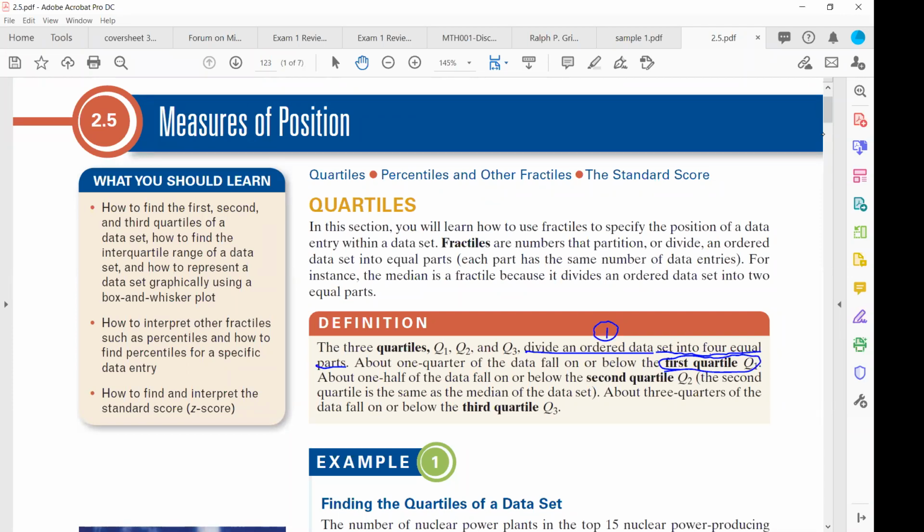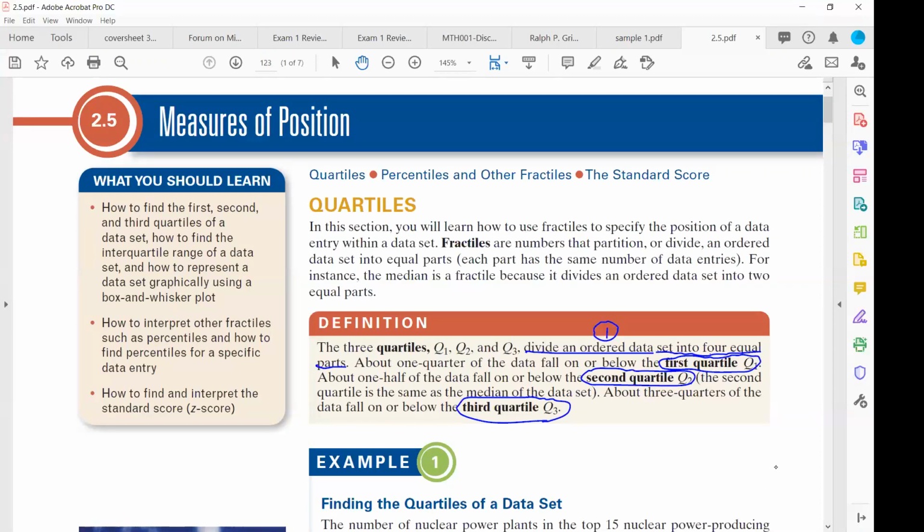About 1/2 of the data fall on or below the second quartile, Q sub 2. About 3/4 of the data fall on or below the third quartile, which is denoted by Q sub 3.